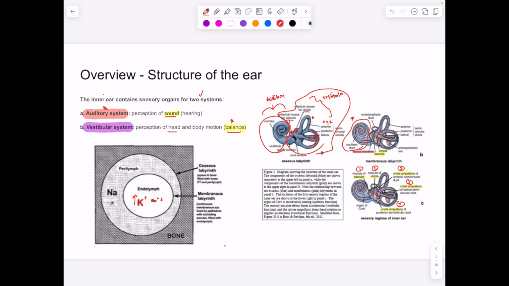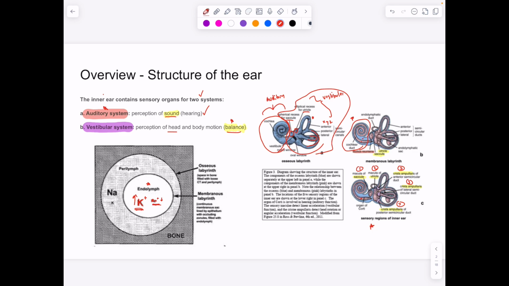All right, we're going to start with the auditory system, the cochlea. But as we said, we have this membranous, essentially tube that runs through this entire inner ear, and that is going to be filled with endolymph. And endolymph is high in potassium, low in sodium.